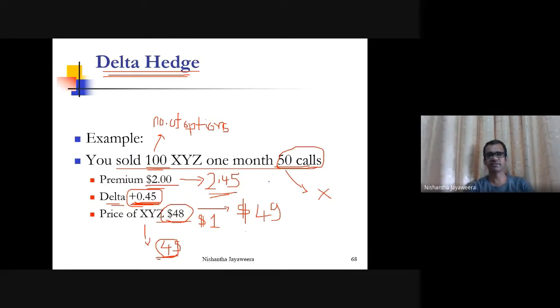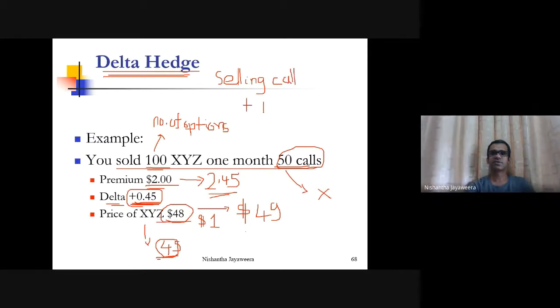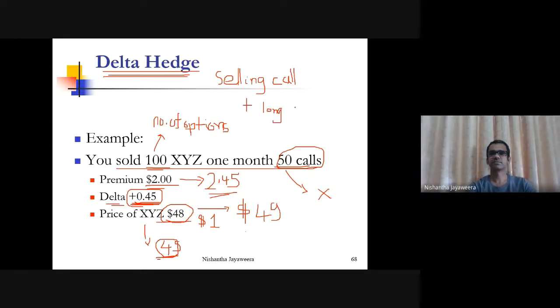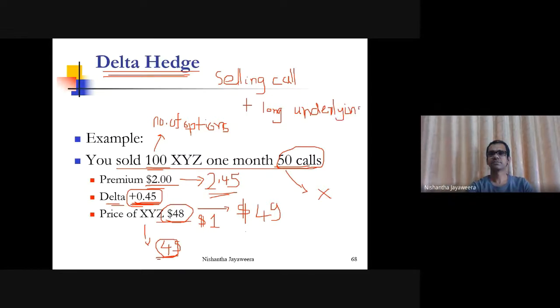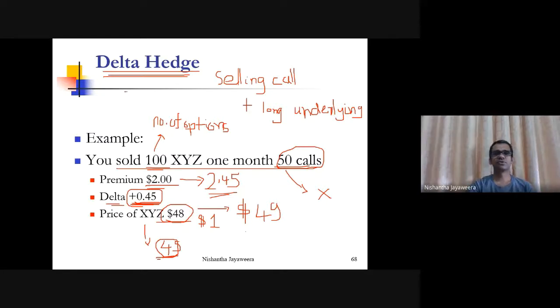This strategy, selling call with long underlying, this is called covered call.